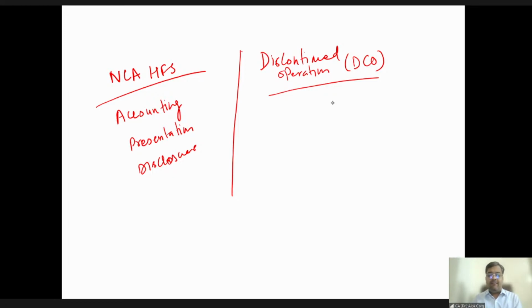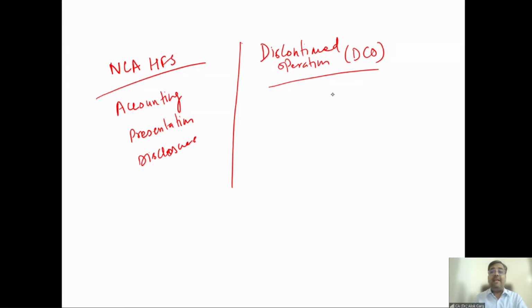So in this standard, we will be talking about NCAHFS. Please make a note of it. We will be talking about individual asset held for sale. We will be talking about disposal group. The term is disposal group held for sale, DGHFS.